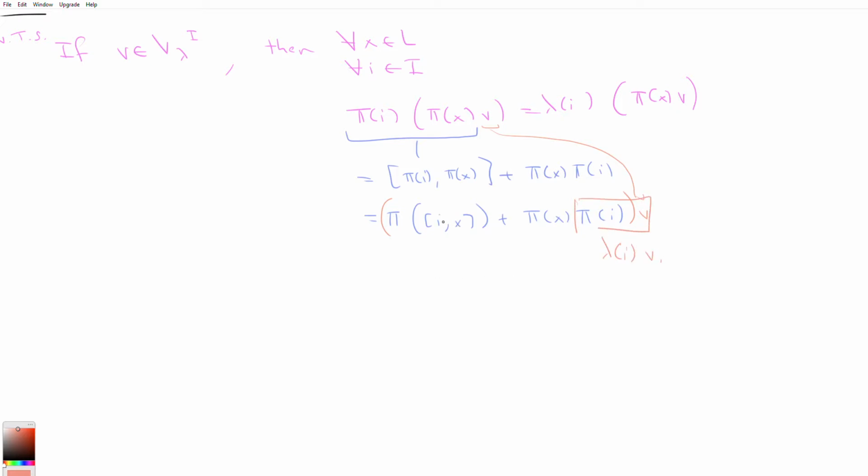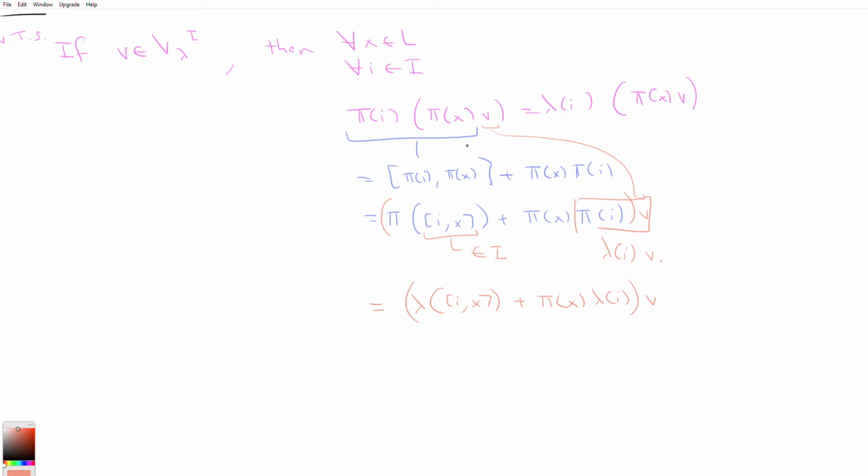And similarly, because I is an ideal, this thing is an element of I. So we have pi of something in I acting on v. Well, because v is in the weight space, that should give you lambda of that something acting on v. And so what this thing simplifies to is lambda of I bracket x, plus pi of x, lambda of I, all acting on v.